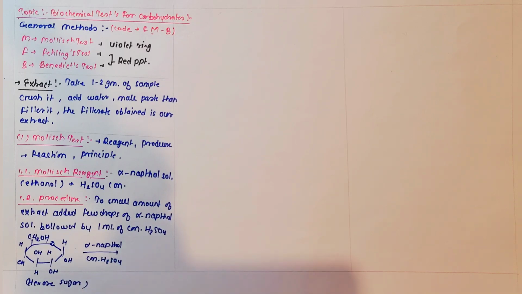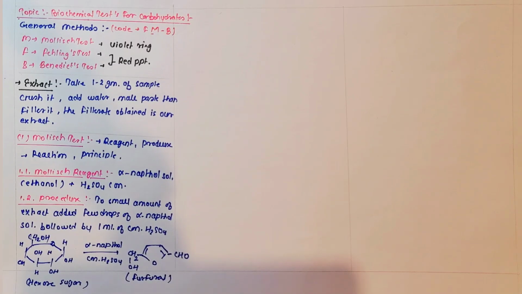Alpha naphthol is actually a phenol with two rings, two benzene rings. So when it goes to that condensation reaction, it will form a furfural. Furfural is actually furan with aldehyde group and CH2OH of this glucose. This is called furfural, and this furfural actually gives us our violet ring.